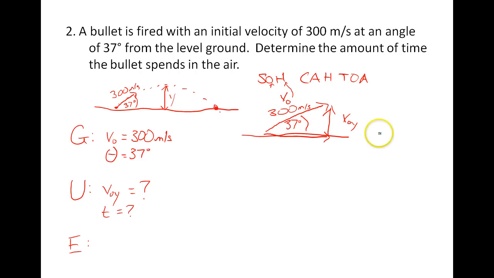So we can use the sine function, and it says sine of the angle, that's the S part, is equal to the opposite over the hypotenuse. So we can then plug in variables. We know the initial velocity is the hypotenuse, and the initial velocity in the y direction is the opposite. So we're going to use that formula.